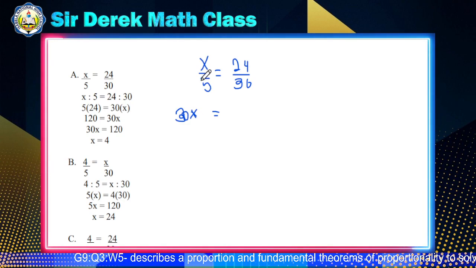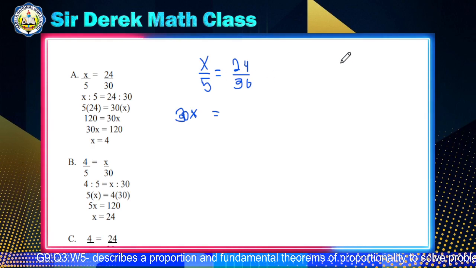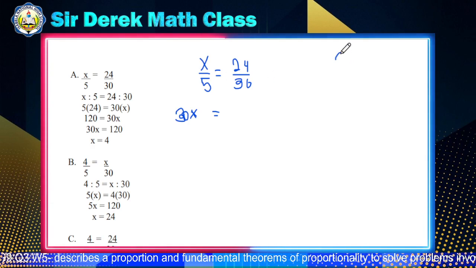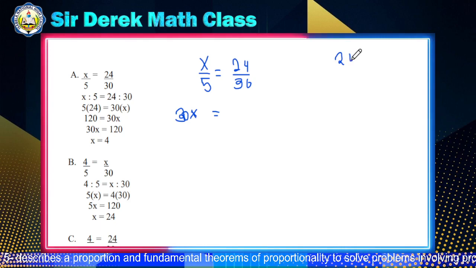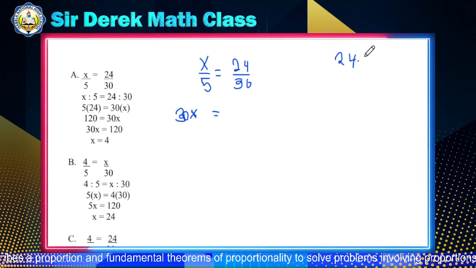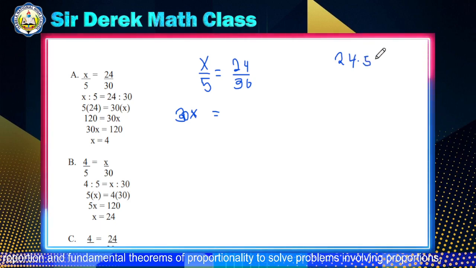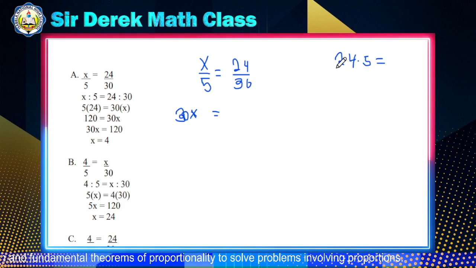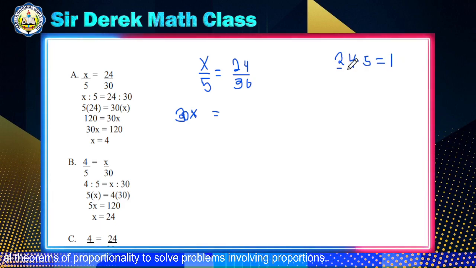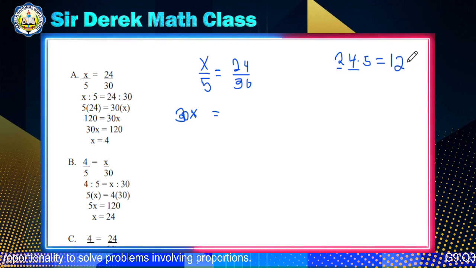I will show you a shortcut. If you multiply a number by 5, this is very easy. I hope you can internalize this. If you multiply a number by 5, you just get half of the number. What is half of 2? 1. What is half of 4? 2. Is there a remainder? None. So 0.